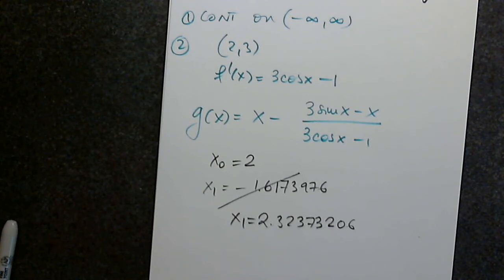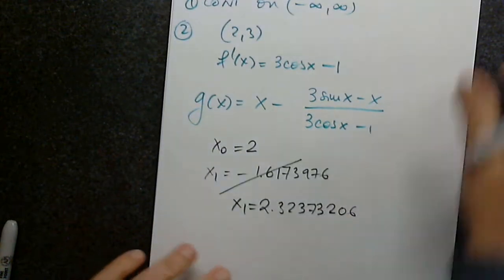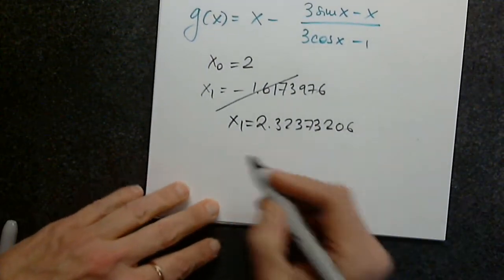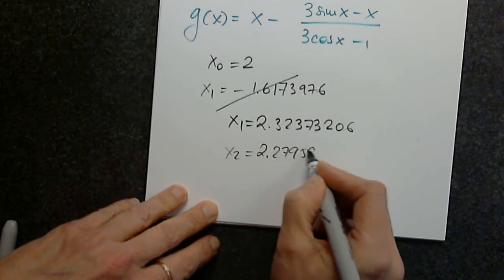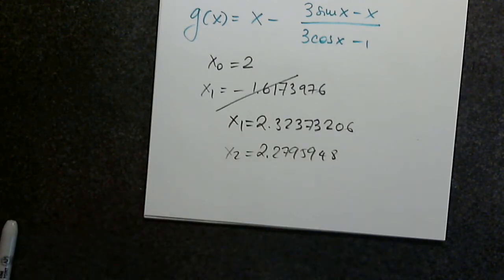Okay, so then I replace the 2 with the previous answer and close the parenthesis. 2.279594, that's my x2. Then I copy, and I get 2.27886286.